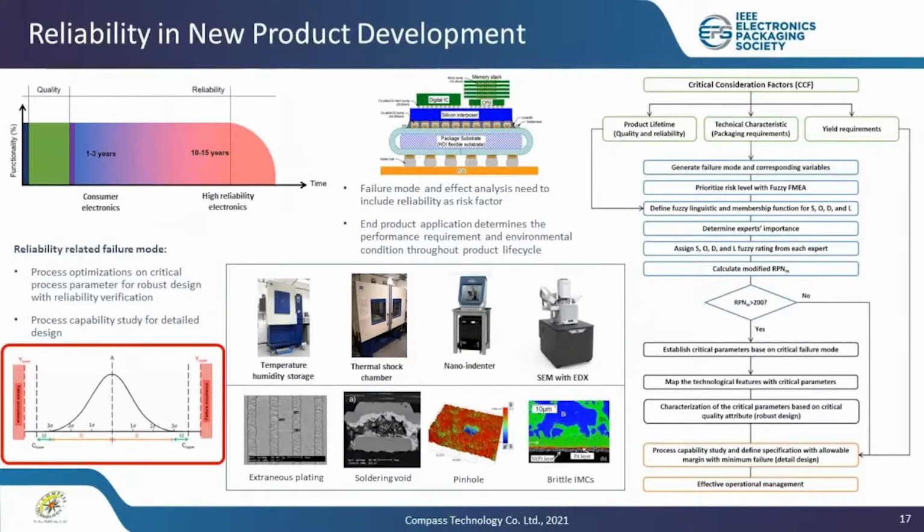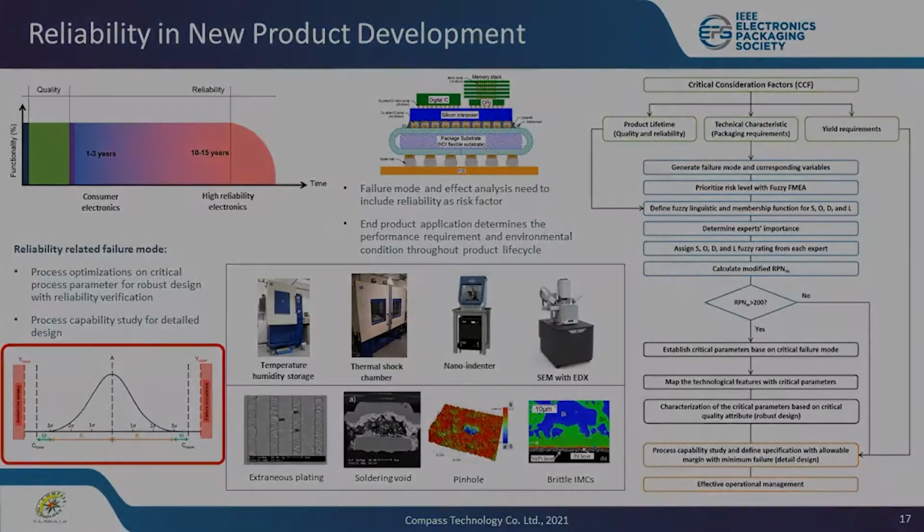After that, process characterization can be performed with data collection using the defined measurement tools to generate a robust design. Finally, the detailed design can be validated by a process capability study with enough sample size based on the final product yield requirement. This approach is suggested to minimize the reliability risks while shortening the development cycle time.